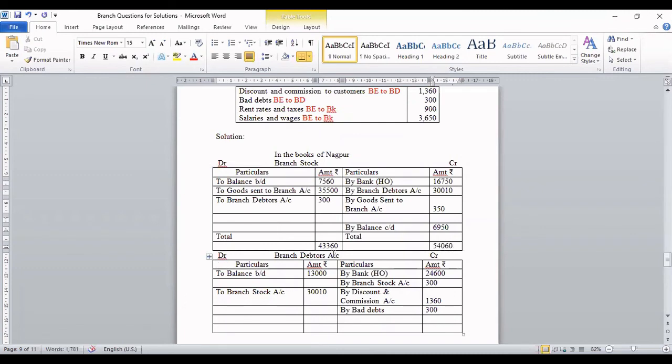Correct? Okay, so the same total will come on both sides. And here also, debit side 54,060.